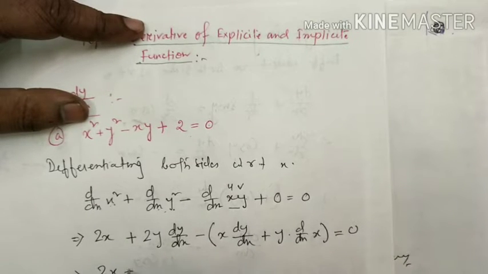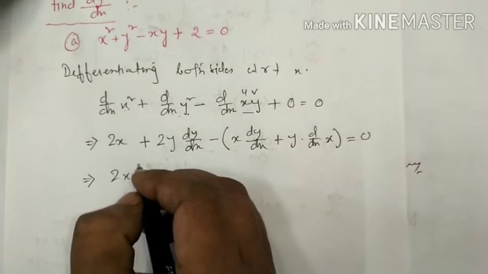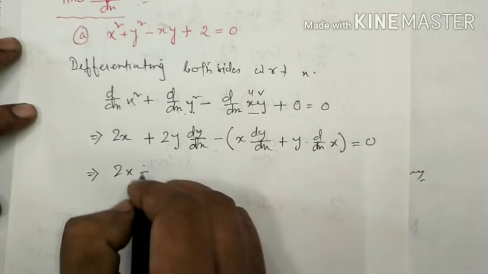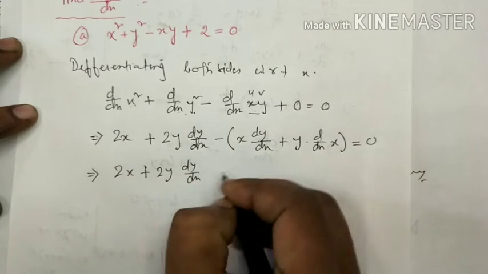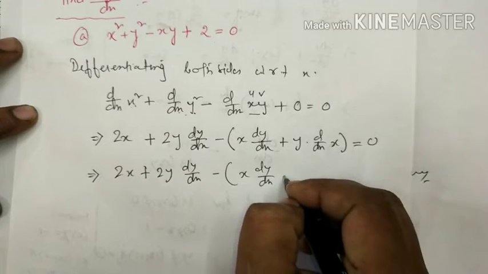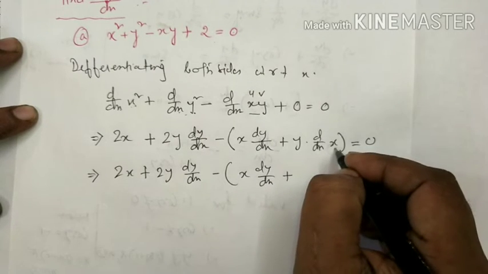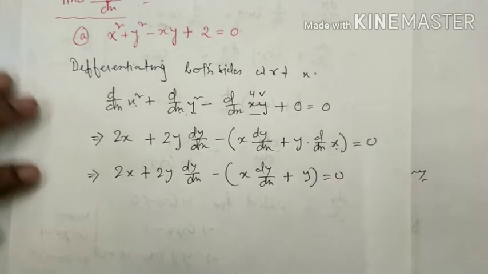So here write 2x plus 2y into dy by dx, x into dy by dx, plus d/dx of x means what? 1 into y means y, equal to 0.